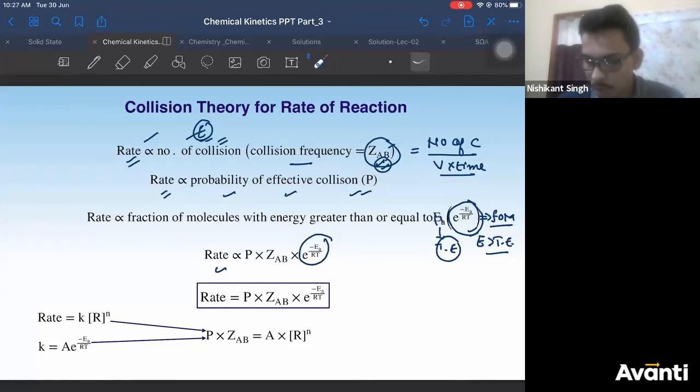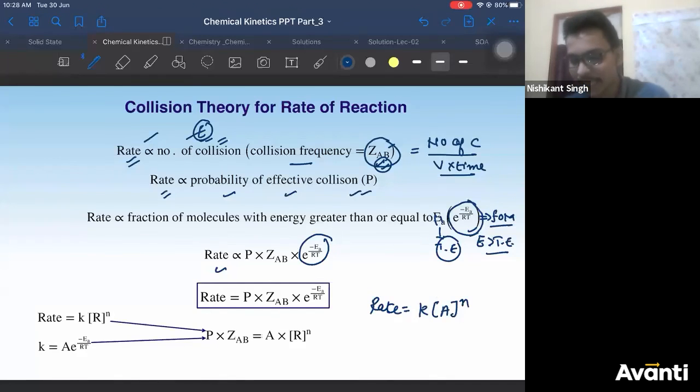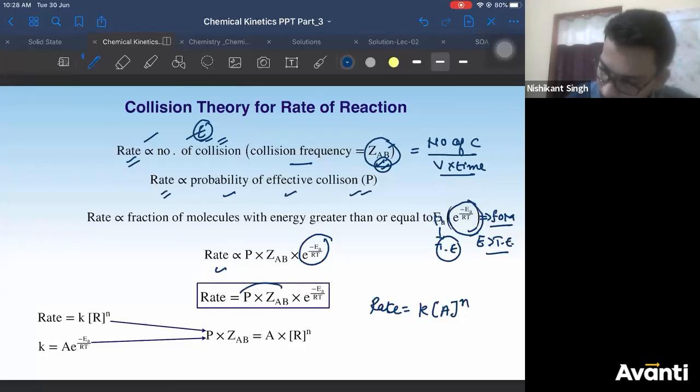Now, you can remove the proportionality constant and write it like this, right? Now, one thing you can understand here is that the rate of a reaction is written as K, concentration of reactant power n, right? Now, from here you understand that P into ZAB represents your rate constant, right?